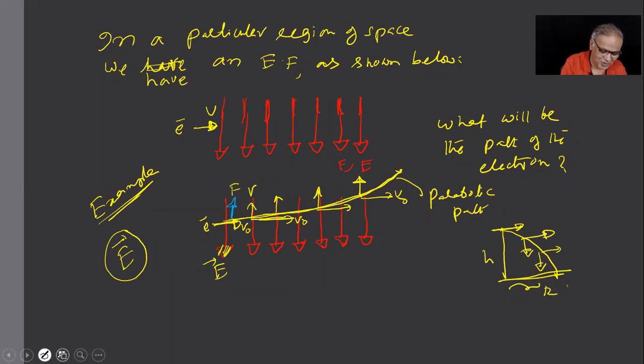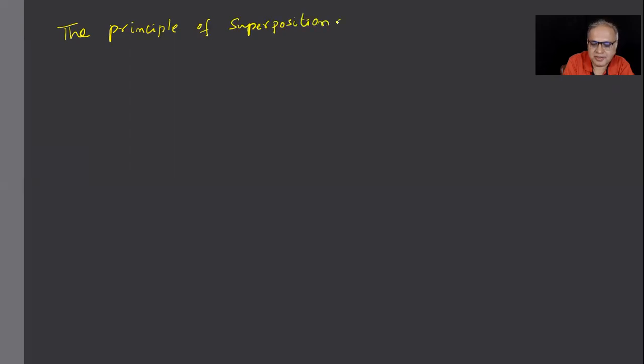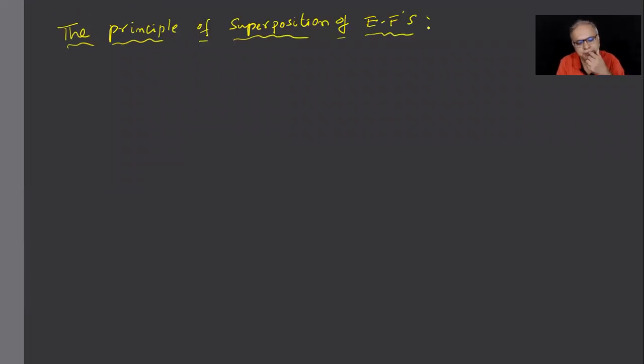Right. Now I'll go to the next slide. Look, the next idea is the principle of superposition of fields. The principle of superposition of electric fields. EFs means electric fields, right, in full.